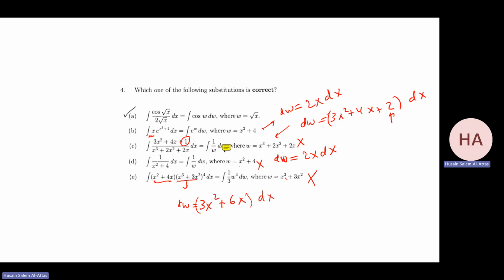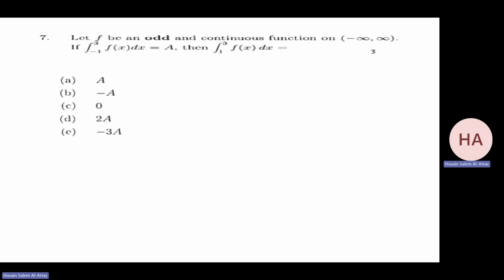I don't have that, I have x, so I need a half somewhere. So this is wrong. This one, W equals square root of x. dW will be 1 over 2 root x dx, which is ready now. So this is my dW. So it's cosine W dW. So this is correct.